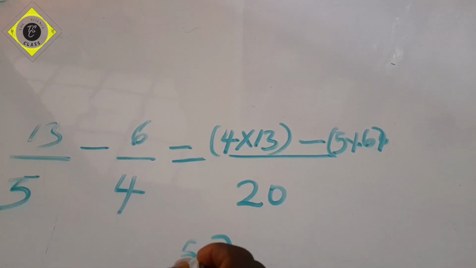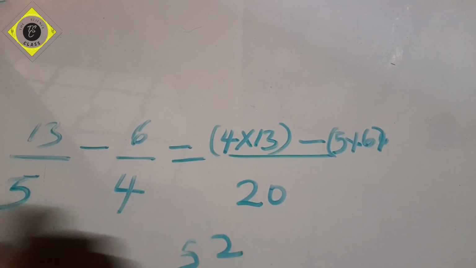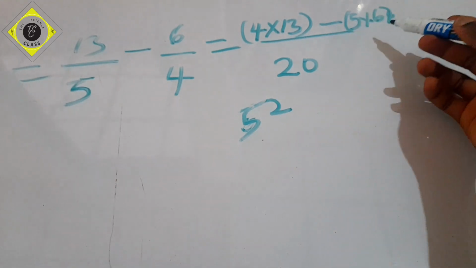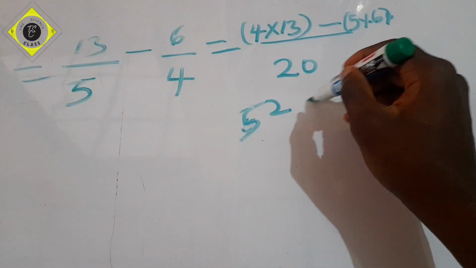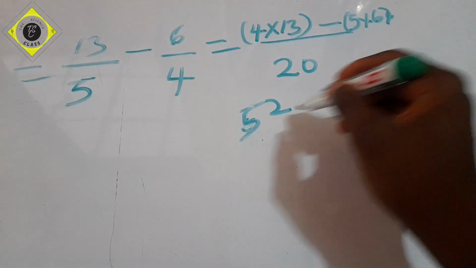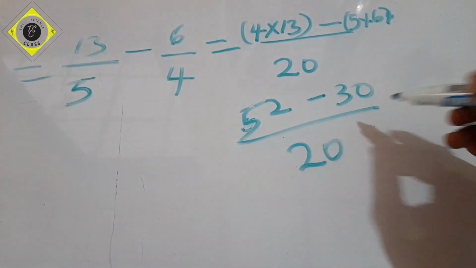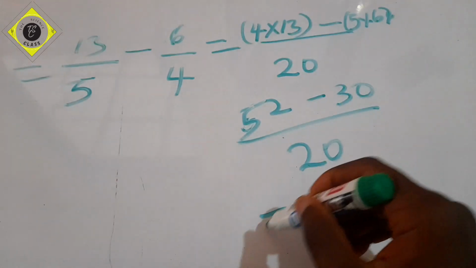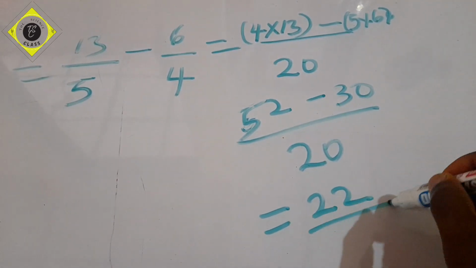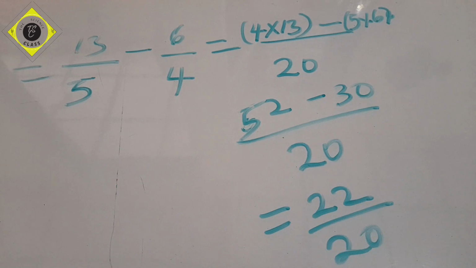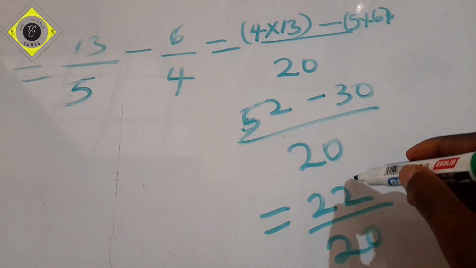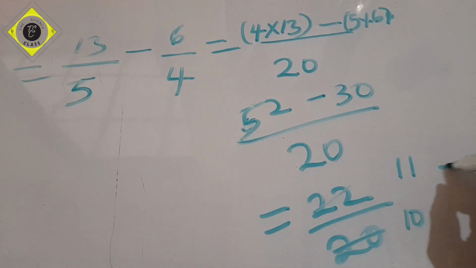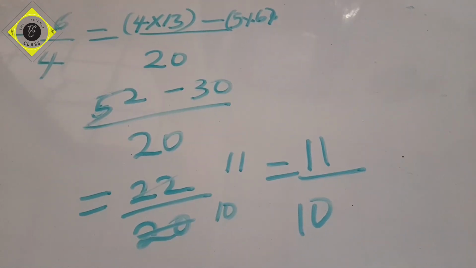So that's 52. Then 5 times 6 is 30. So minus 30 all over 20. So 52 minus 30 is going to give us 22 all over 20. So 2 can go into 22 eleven times, 2 can go into 20 ten times. So our answer is 11 over 10.